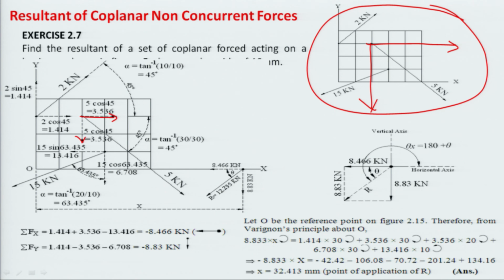This value is 3.536 and 3.536, because this is 45 degrees. Why? 1, 2, 3, 1, 2, 3. This force also needs to be resolved in this direction and this direction. The values are this component and this component.